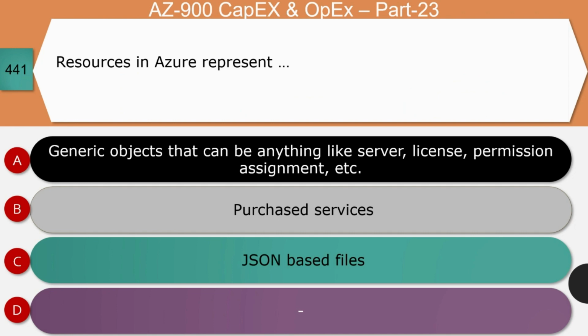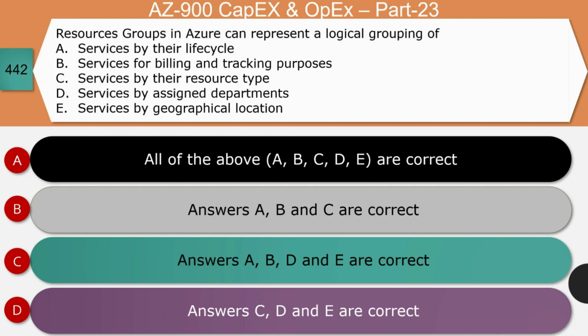But words like license, permission, assignments are not related to the services, and so option A is not correct. Option C, though we represent a resource in a JSON file format, is not the best answer either. Option B, purchased services, is a very close answer. And so the right answer for this question is option B. That is, resources are instances of services from Microsoft Azure. They are purchased by a company to meet their development objective.